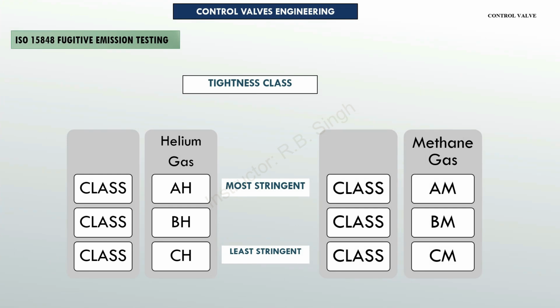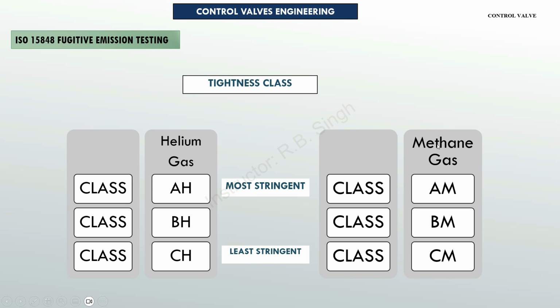Now Tightness classes. As per the standard ISO 15848 fugitive emission testing, there are different tightness classes. This testing can be done with two types of gases.